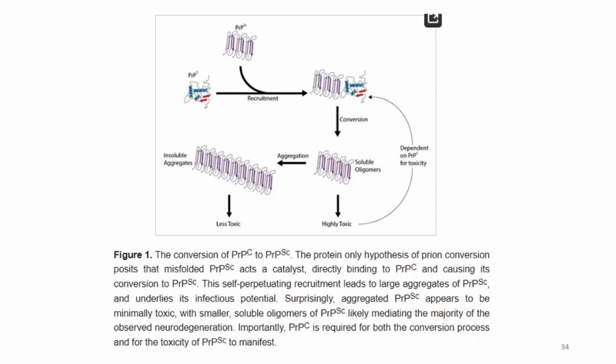The infectious agent is a misfolded form of the endogenous cellular prion protein termed PrPSc. Despite the identity of the molecular agent remaining the same, PrPSc can cause a range of diseases with hereditary, spontaneous, or various other complexities.